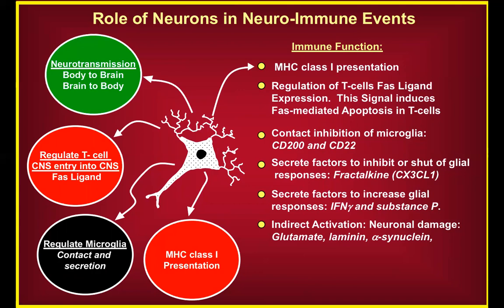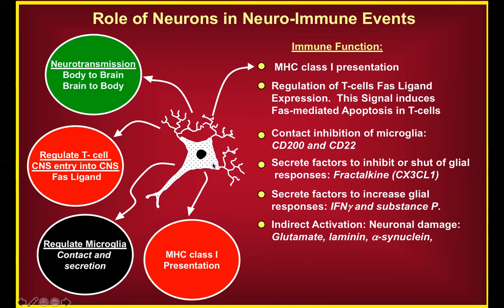It turns out that neurons do a lot to keep microglia in check. The other thing that neurons produce a lot of is fractalkine, which is CX3CL1, a chemokine very highly expressed in the brain, and it seems to, again, inhibit or shut off glial responses under normal conditions.